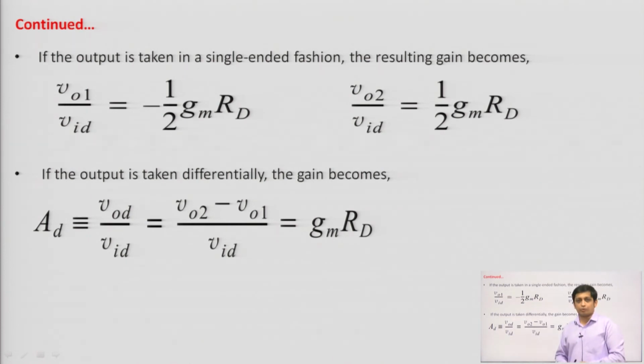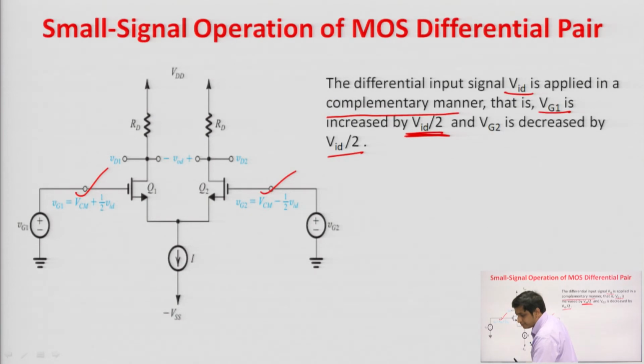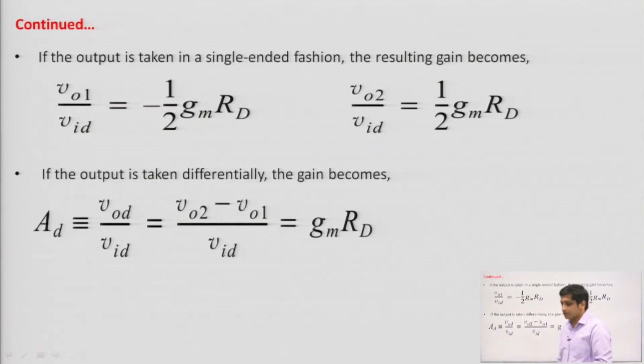We can take the output in the differential manner, or we can take the output in the single ended manner. The circuit which I have described here has a differential output, because we are taking the output between the drains of the Q1 and Q2 transistors. So, what is the advantage of taking the differential output in comparison with single ended output, that we can see here.